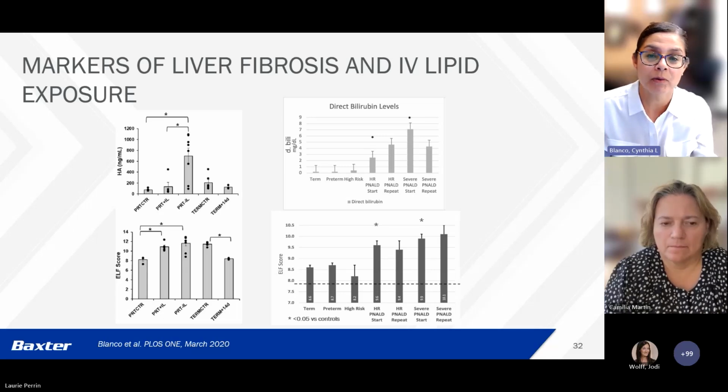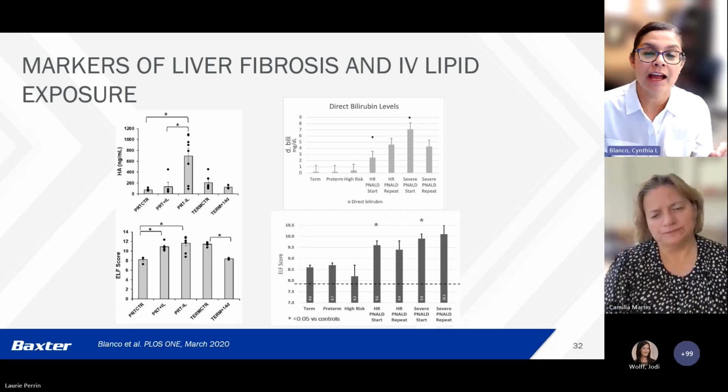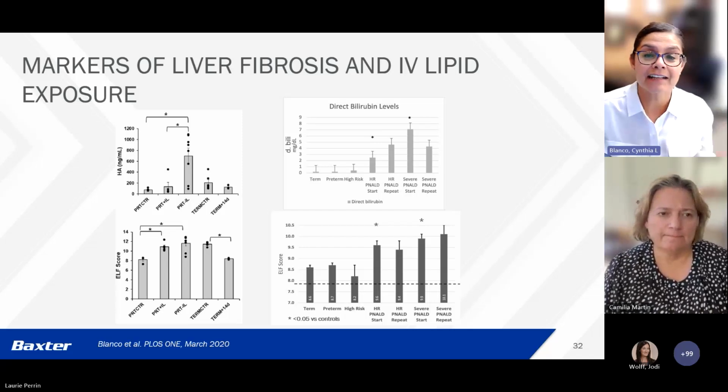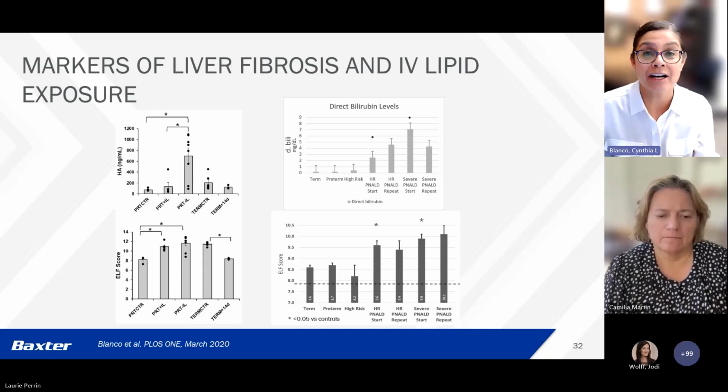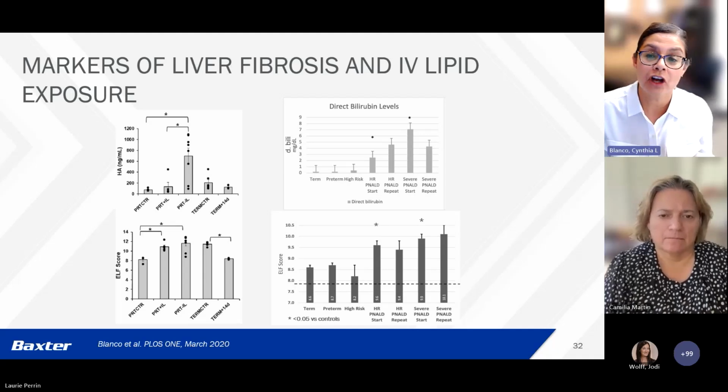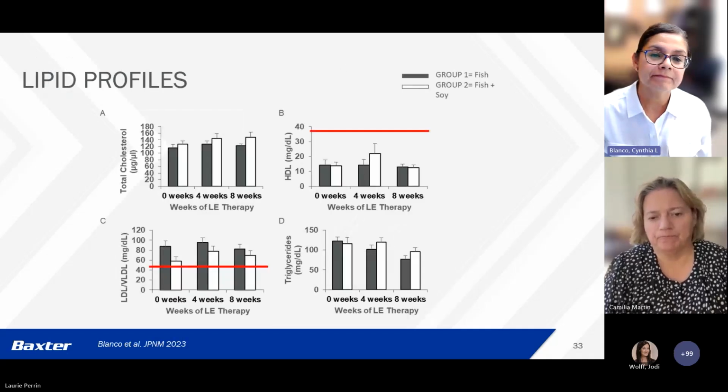It's going to be extremely important to learn these exposures. But again, what we need to see there is that those animals that did not receive any lipid are the ones that had the worst markers of liver disease. And in the paper, we go over actual liver histology to prove that the liver fibrosis was occurring when there were no exposures to lipids. Next slide.